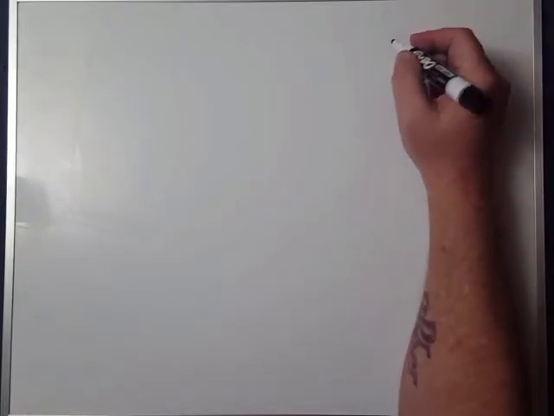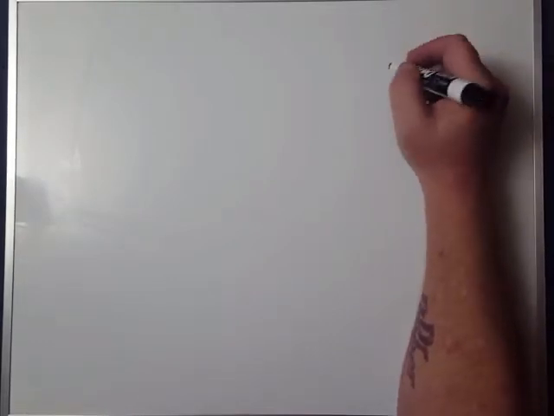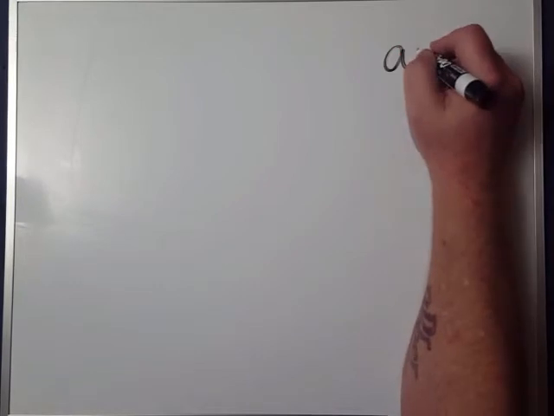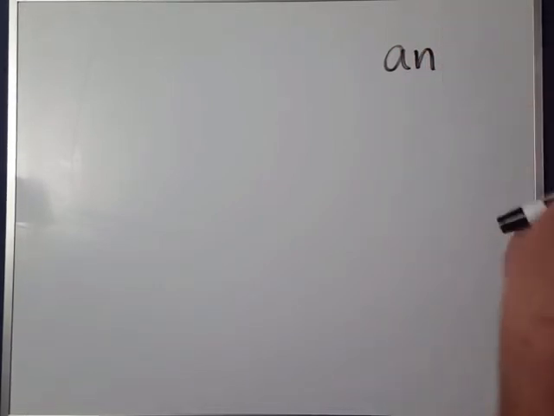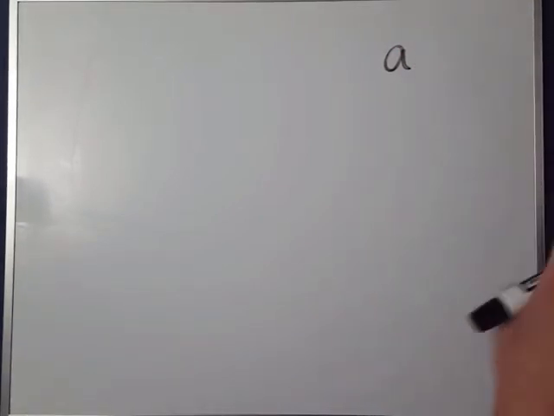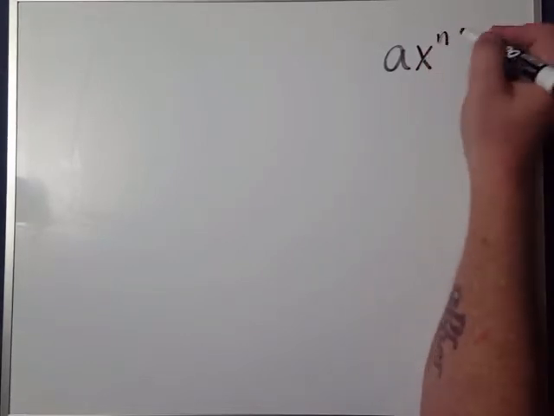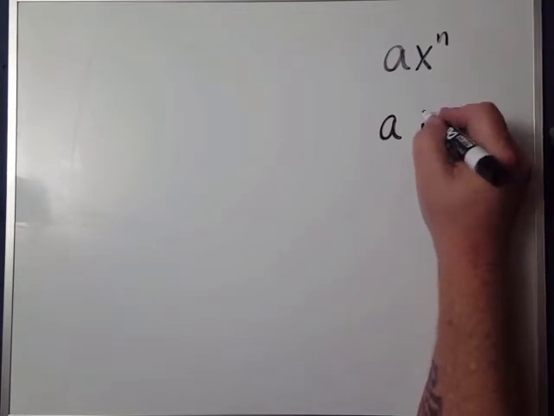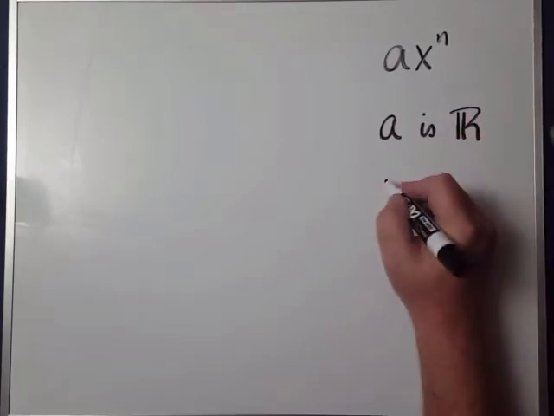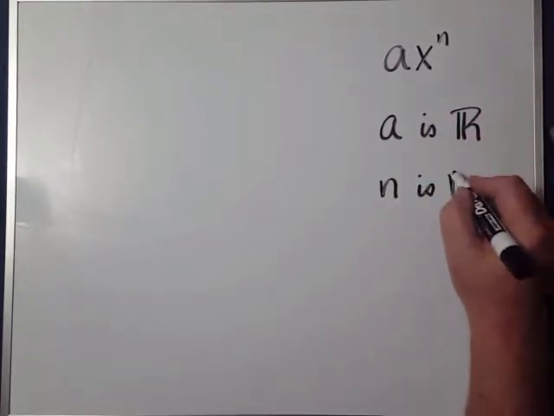A polynomial is a single term or the sum of a finite number of terms, finite meaning not infinite, all of those terms being of the form a times x to the nth power, where a is real and n is a whole number.